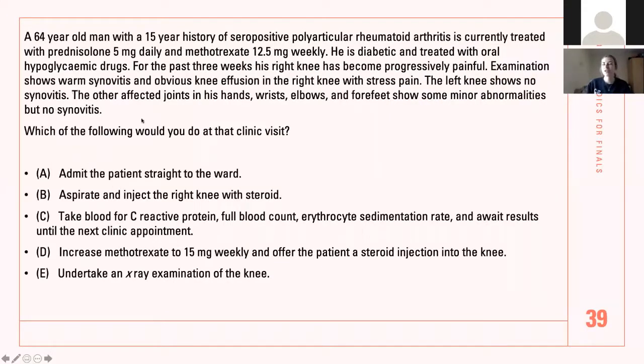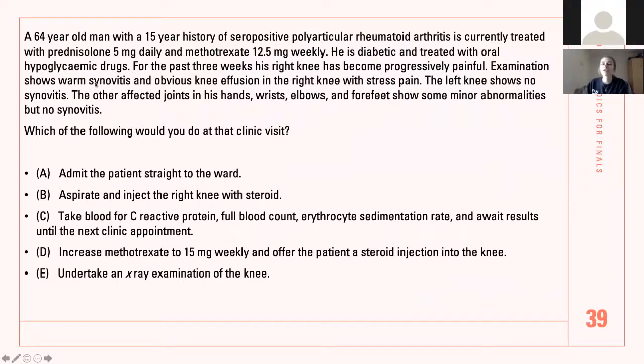Next question. A 64-year-old man with a 15-year history of seropositive polyarticular rheumatoid arthritis is currently treated with prednisolone, 5 mg daily, and methotrexate. He's diabetic and treated with oral hypoglycemic drugs. For the past 3 weeks, his right knee has become progressively painful.